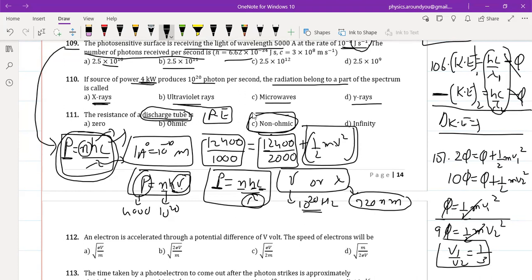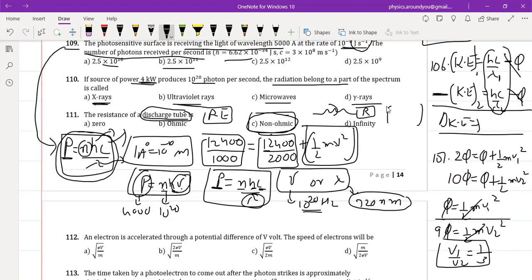So that R is non-ohmic. Sometimes we say it has a negative resistance also. So we will not make any attempt to express it in V by I, because through whichever resistor current flows, for that, resistance is defined and it's ohmic.